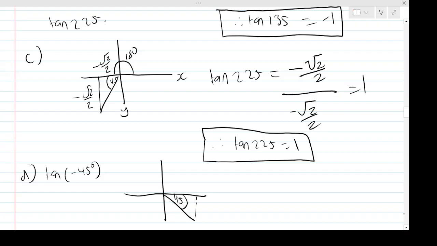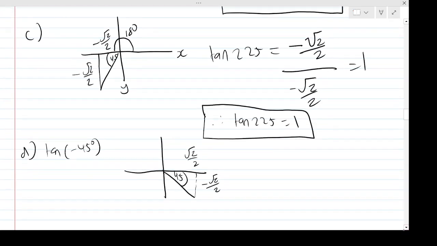So again, we can construct a triangle where the x-coordinate is going to be root 2 over 2. That'd be positive because it's on the positive x-axis, but the y-coordinate would be negative root 2 over 2 downwards, because it's on the negative y-axis.